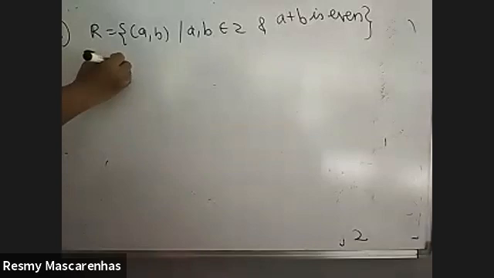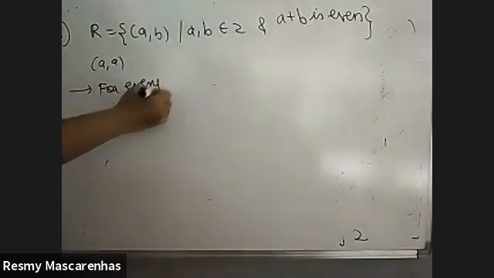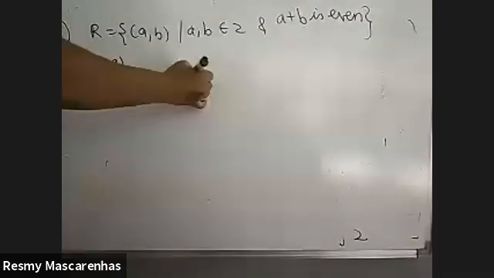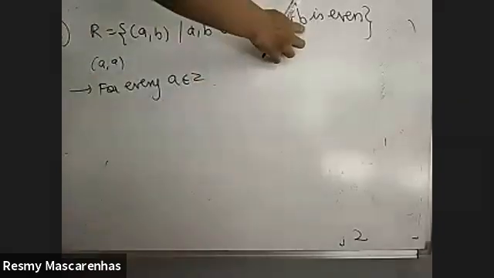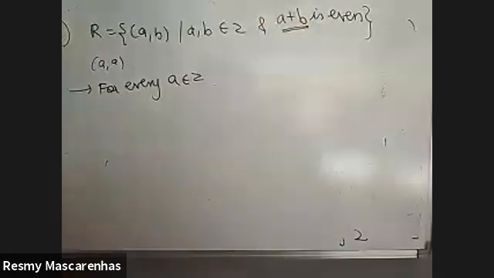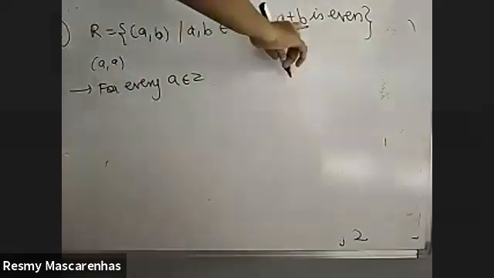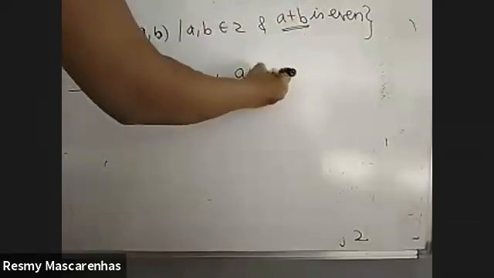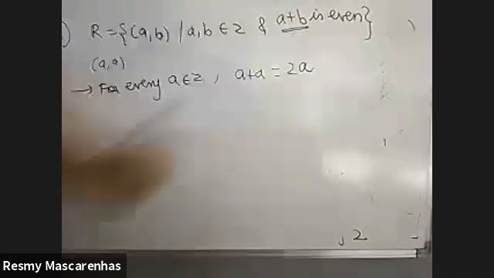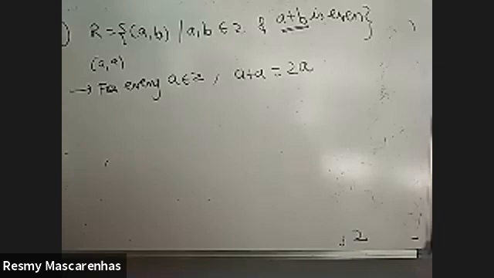You know that. So for every A belonging to Z, you can say this letter given is Z. Now what you have to put, I told you, instead of B you have to put the same A only, because instead of B I'm taking A. So here A plus A is how much? 2A. So 2 into any number obviously will be an even number.